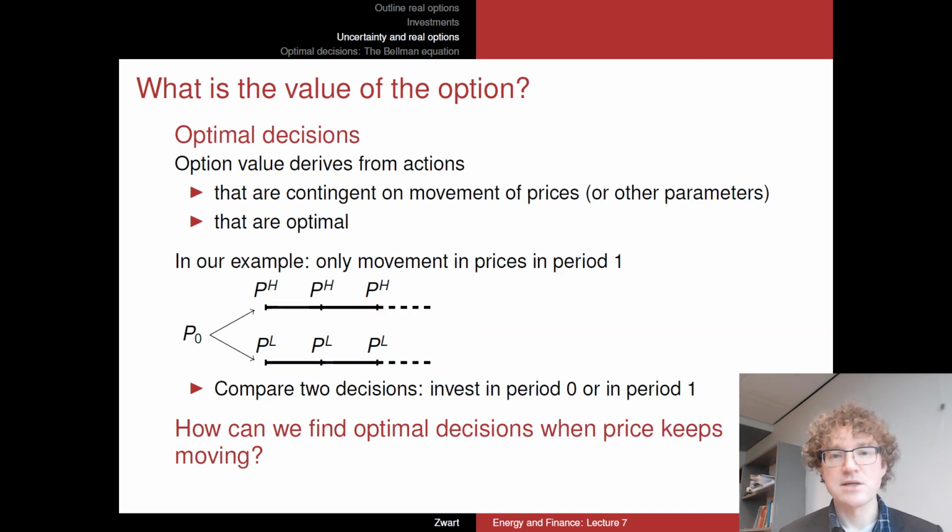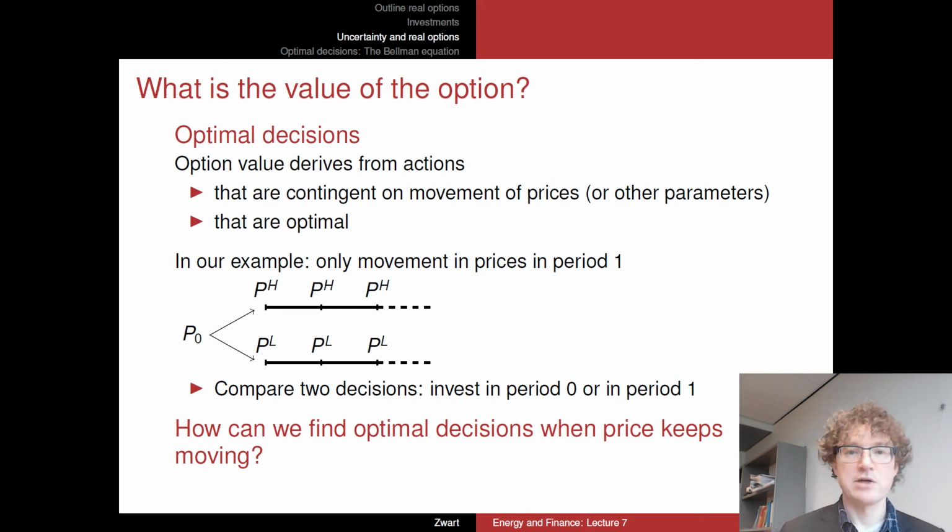So it makes sense to ask: what is this value? Because that's going to impact my decision. But on the other hand, the decision itself, in particular the future decisions that I will be making, will impact the value. So we have to think about what the optimal decisions will be in the future, depending on what the future brings.